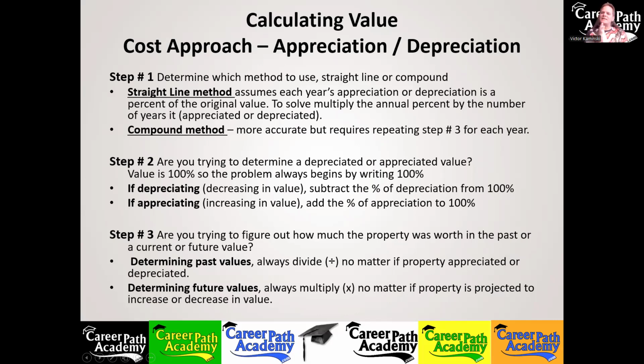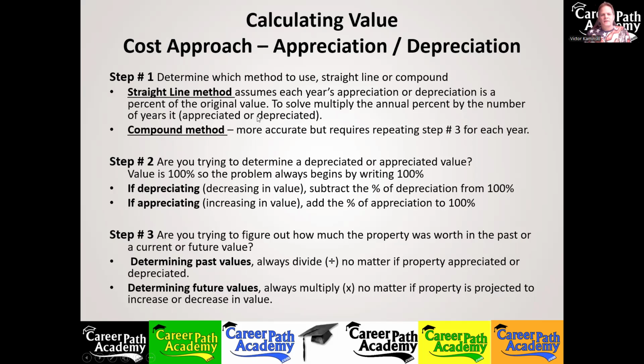There are two ways to calculate these. You could use the straight line method or the compounding method. The compounding method is more accurate; the straight line method is simpler to solve. You would always use the straight line method if they don't tell you which method to use in the problem. Unless they tell you to use the compound method, you use the easier straight line method. Not that the compound method is that hard, it's just a couple more steps.